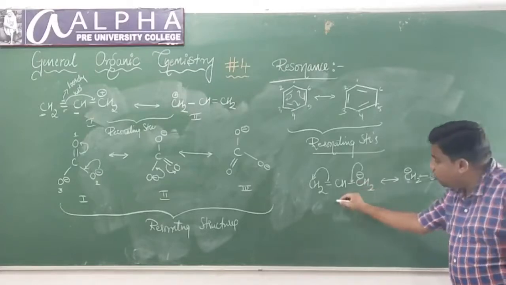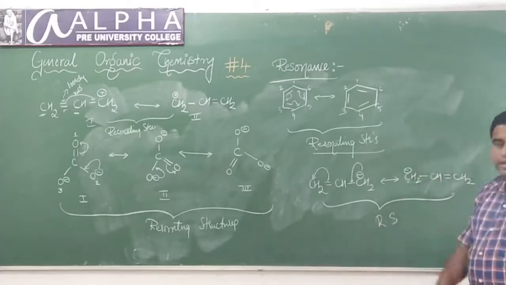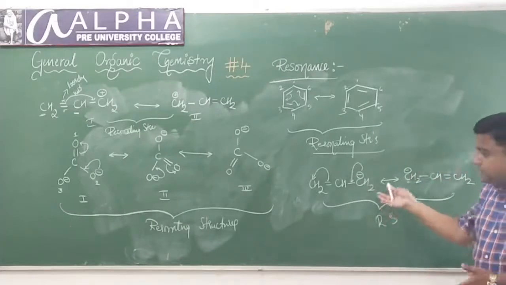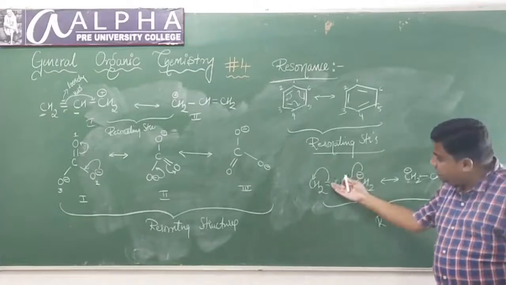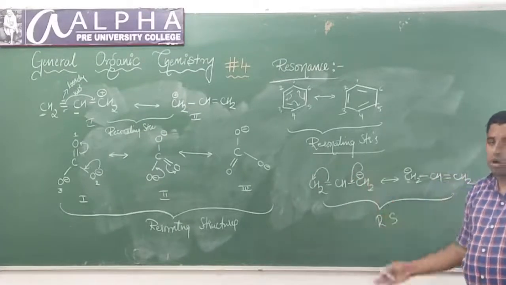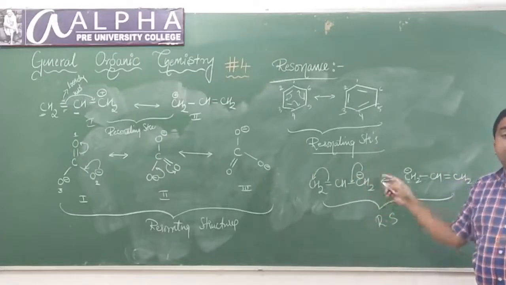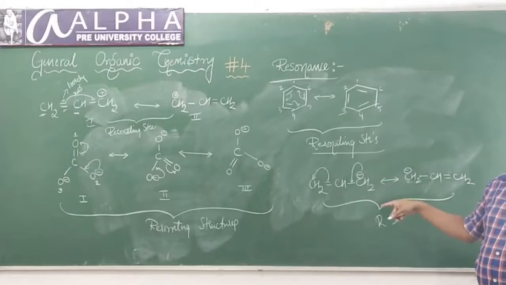Understood? What are these two? These two are the resonating structures. What is happening here? Here also there is delocalization, displacement, shifting, and movement of pi electrons within the molecule. And what is this phenomenon called?